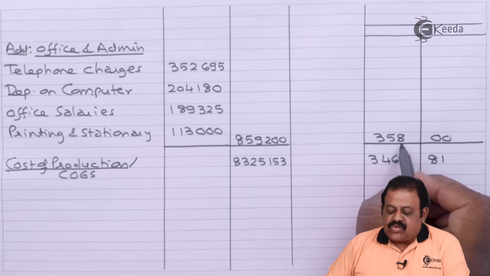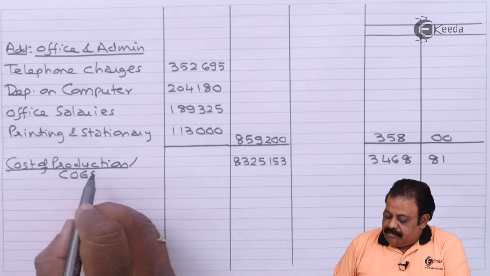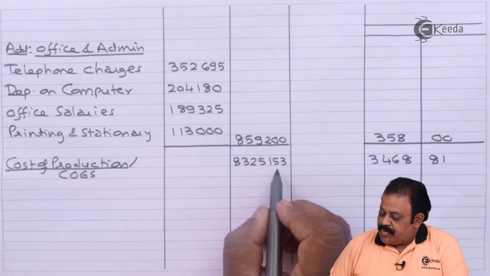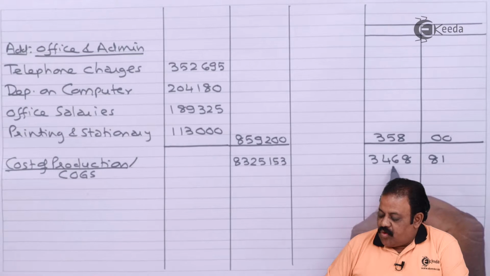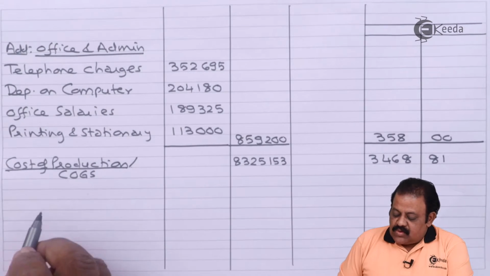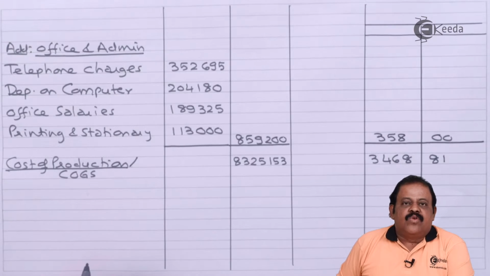By adding this to works cost, we get cost of production 83,25,153. Per unit it will be 3,468 rupees 81 paise. This is what we got as cost of production or cost of goods sold.